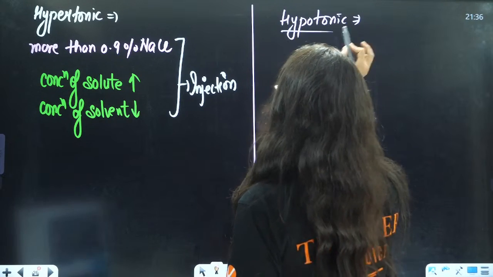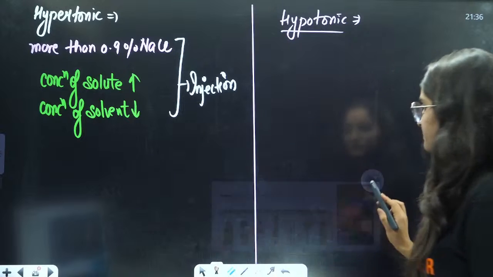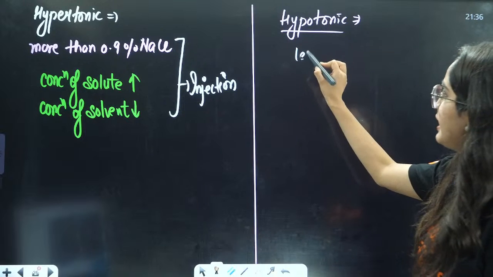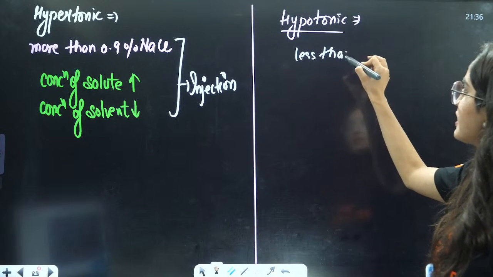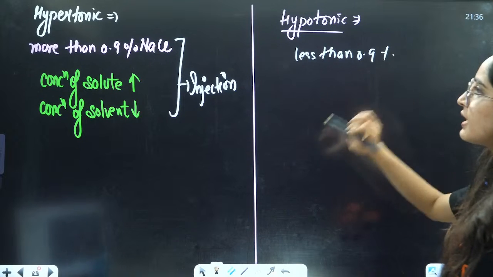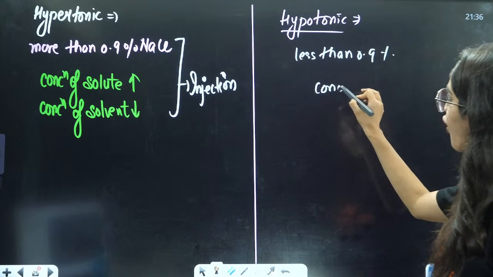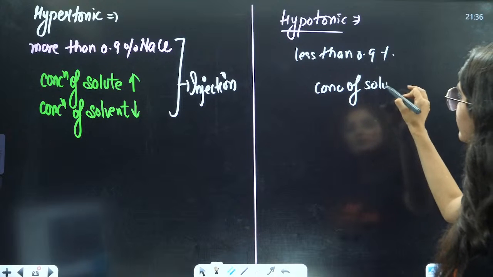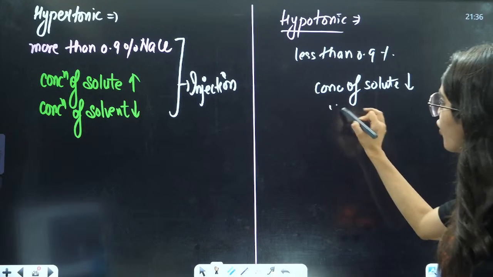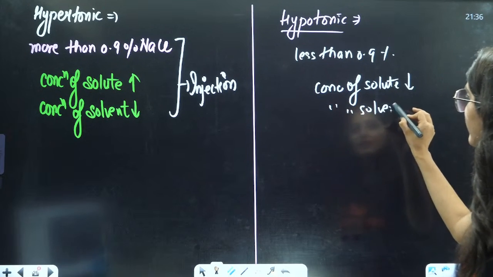We are saying in hypotonic solutions, the concentration is less than 0.9%. That means concentration of solute decreases, so concentration of solvent increases.